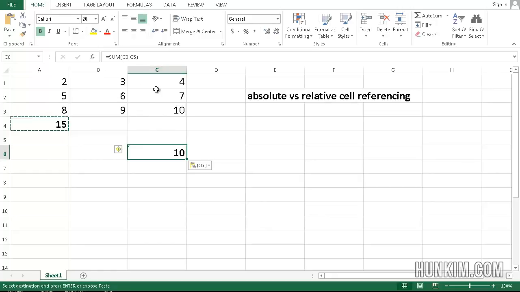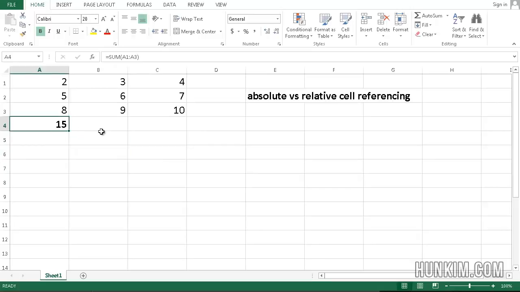See, C3 is over here, and then C5 is over here. So when you're adding up these 3 numbers, we get 10. This makes sense. Okay, so this in itself is confusing, but let's try to get even more confusing. By the way, if you understood this, congratulations. You might have to rewind a couple times to understand, but here we go.